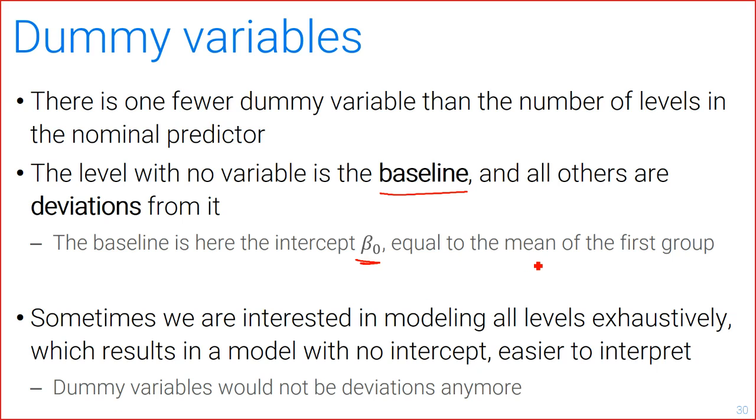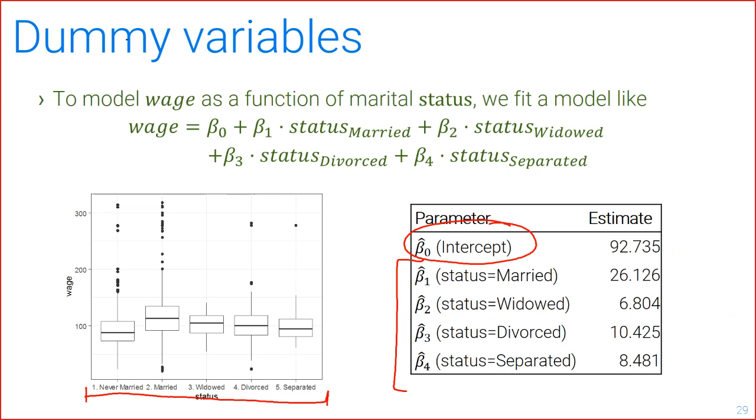So when using dummy variables to encode a categorical predictor, actually these coefficients are measuring the average of the response for each of the categories of the predictor. So this is the average for the never married. This plus this one is the average for married people. The baseline plus this one is the average for the widowed, and so on and so forth. They are measuring what is the average of the response for each category.